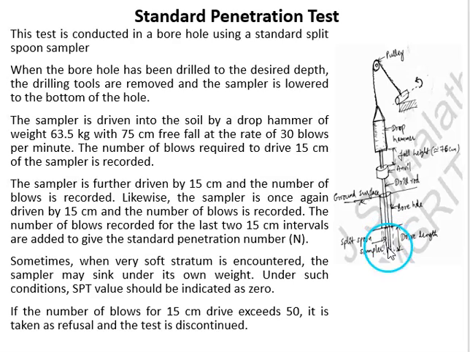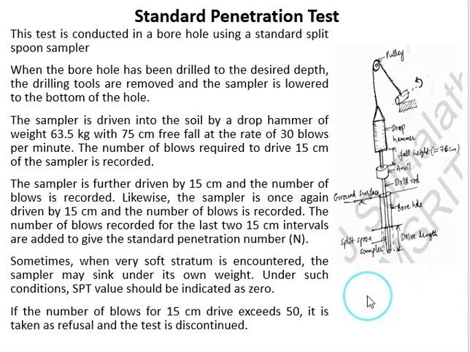So for the total 45 cm drive, the number of blows required will be counted. The first 15 cm drive will be neglected and the number of blows required for the next 2 drives, that is for a drive of 30 cm, will be taken as standard penetration number.